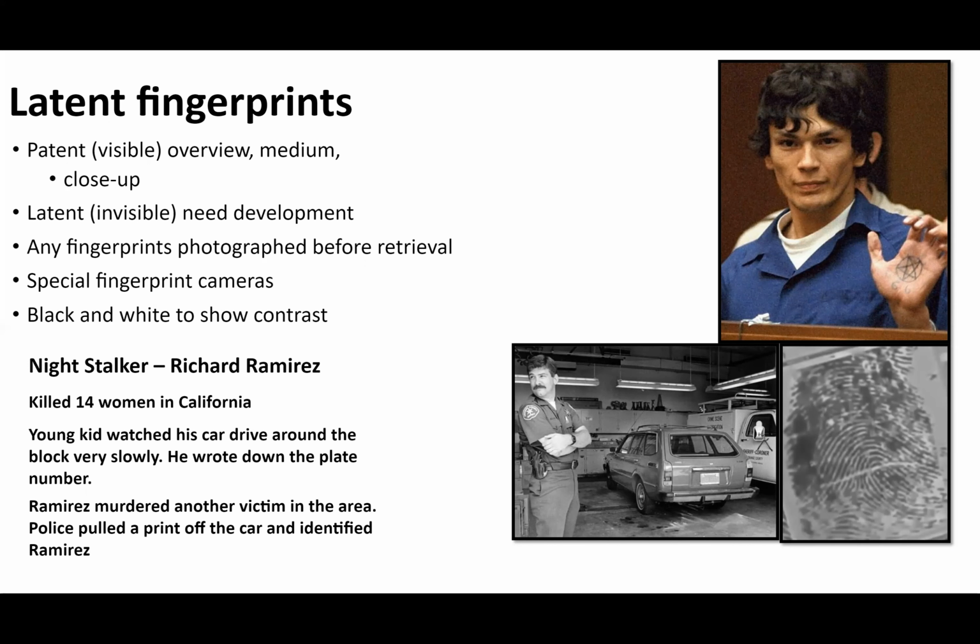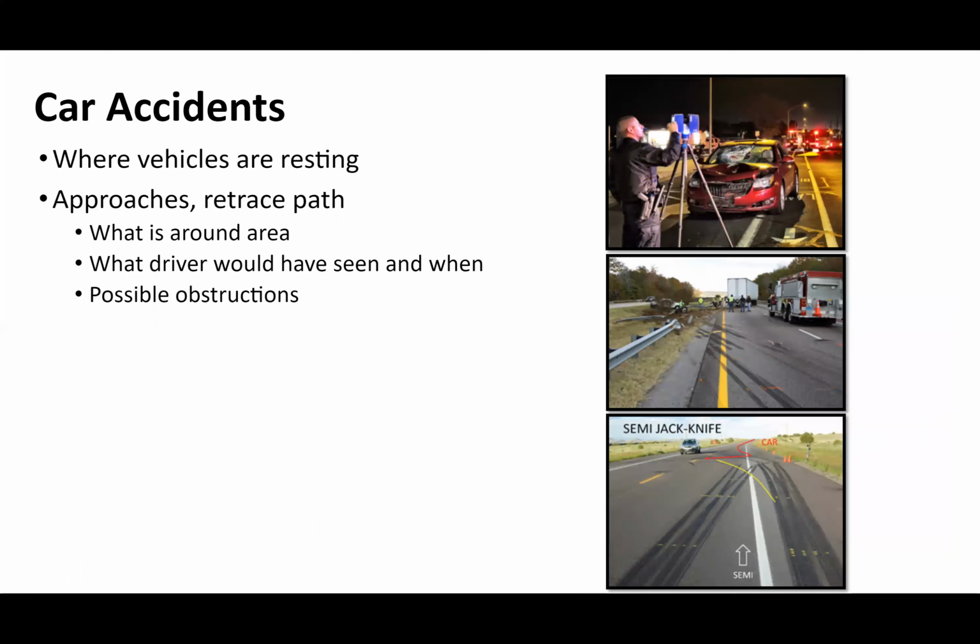Okay, so, oops, sorry. Car accidents, or I should have changed this to car crashes. You should photograph where the vehicles are resting and photograph any approaches and retrace the path of where the accident occurred. So here's one of the actual car.